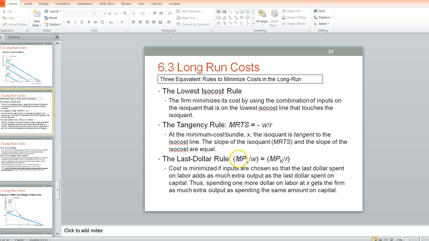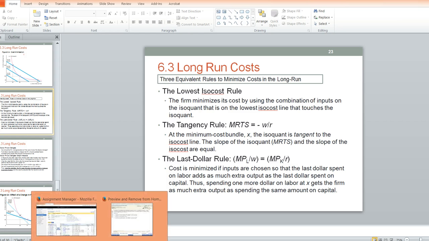Mathematically, the marginal product of labor divided by the price of labor, which is W, the wage, equals the marginal product of capital divided by the price of capital, that's R. Here the capital is the machine, so it's the marginal product of M divided by the price of M, R. If this holds, then the firm is minimizing the long-run cost, and if it does not, then the firm is not minimizing the long-run cost.